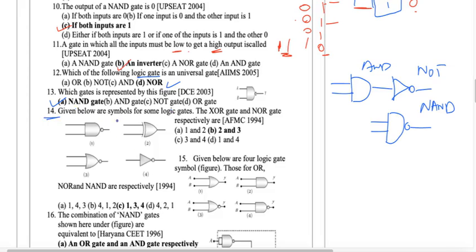Question number 14. Given below are symbols for some logic gates, the XOR gate and a NOR gate respectively. First you have to find the XOR gate and then the NOR gate. The XOR gate is an exclusive OR and its symbol will be different. The first gate is a NAND gate. This symbol is what? Inverter. Oh, sorry, this is a NOR gate.